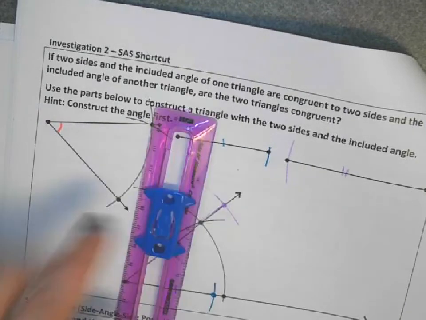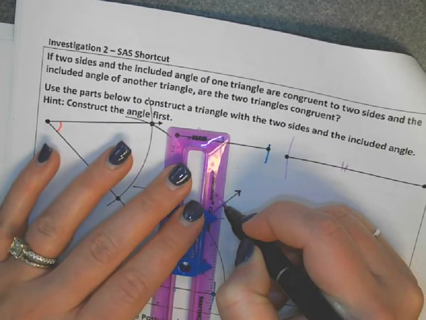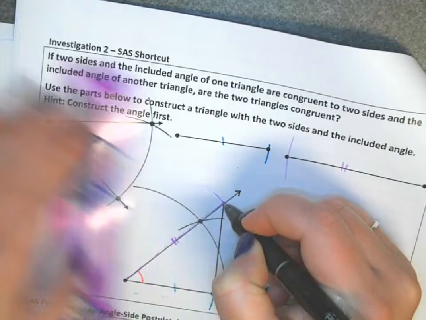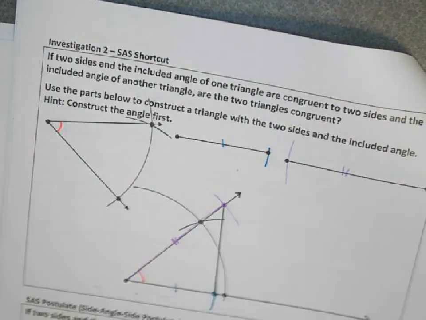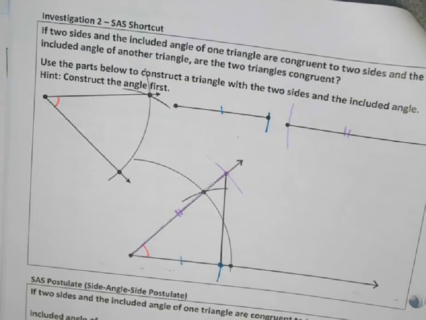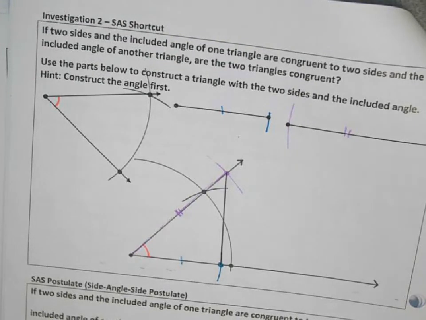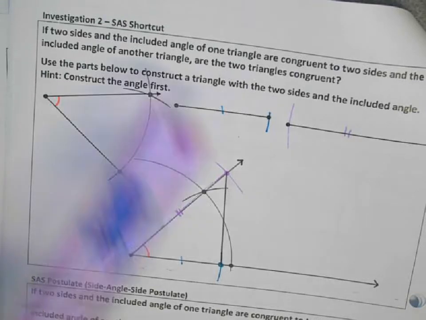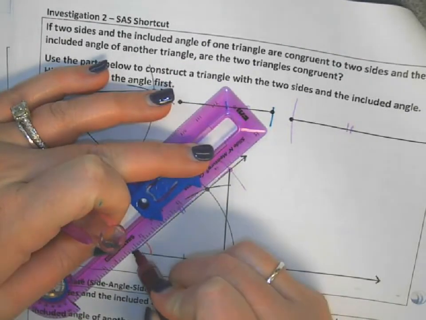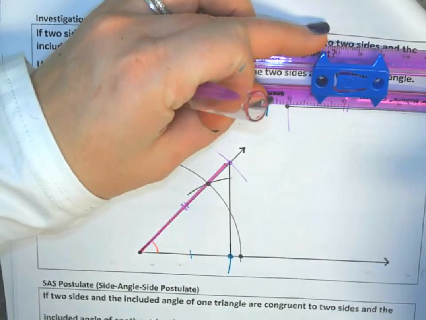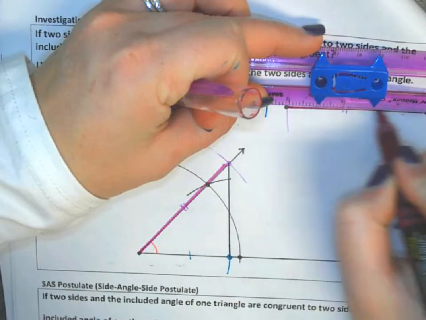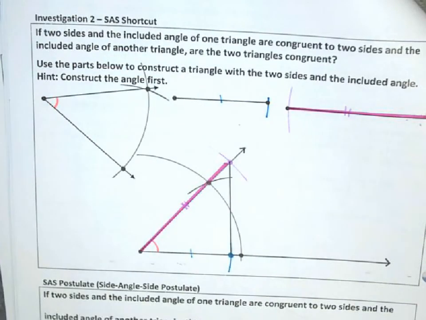And now what I have is I can connect those two points I found, and that's the third side of my triangle. Compare your triangle with the people around you. So I'll highlight mine so you can see it better. So that was that side.